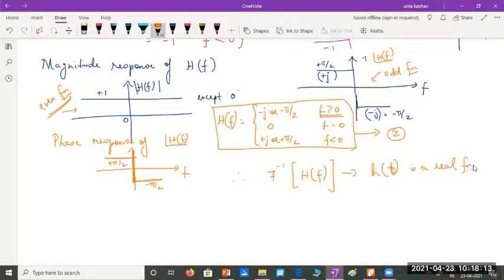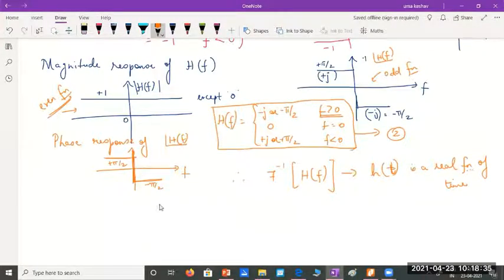It will surely be a real function of time. When you have a magnitude response which is even and a phase response which is odd, surely the inverse Fourier transform of that kind of function H of f will always be a real function of time.